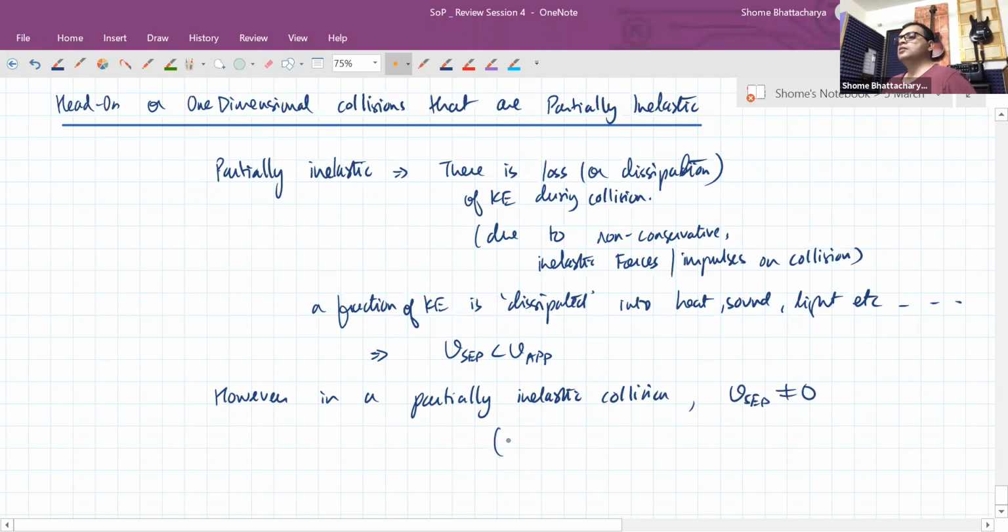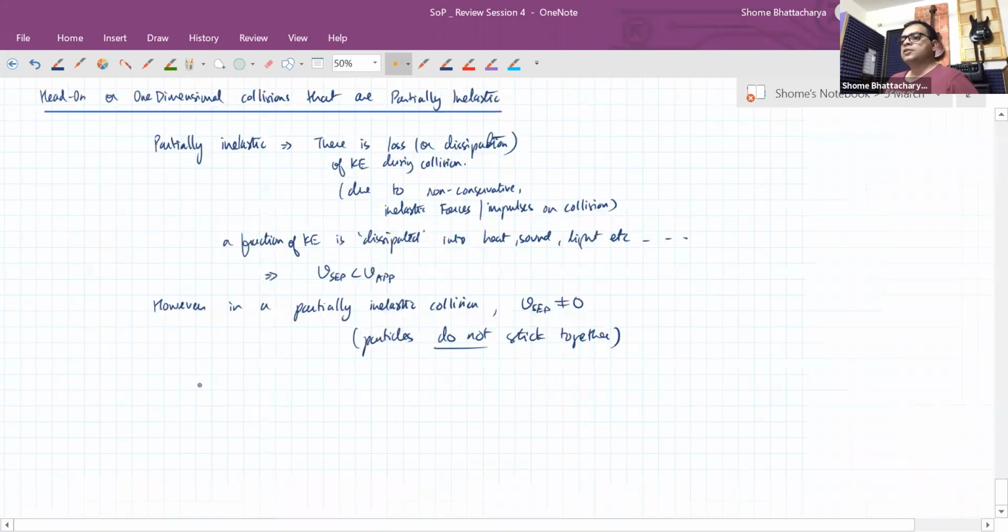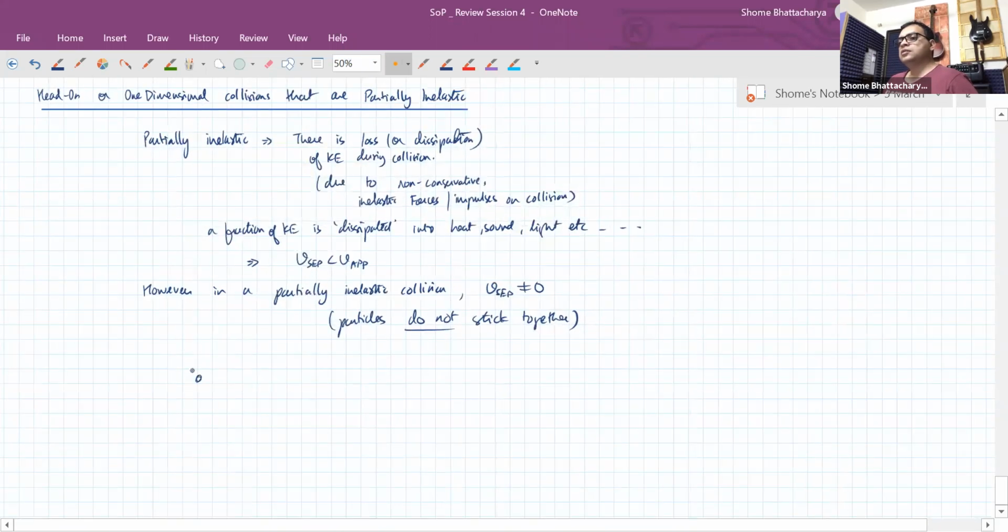That means that the particles do not stick together. When they stick together, it is called a perfectly inelastic collision and not a partially inelastic collision. Okay. So let's understand here what's happening.